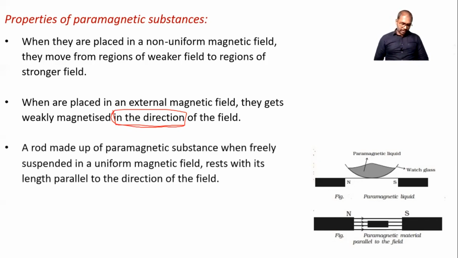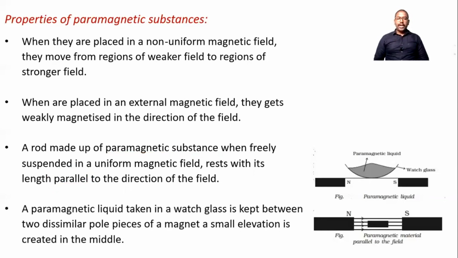Now next, a rod made up of paramagnetic substance, when freely suspended in a uniform magnetic field, comes to rest with its length parallel to the direction of the magnetic field. In diamagnetic, it is perpendicular to the direction of the magnetic field. Here it is parallel.